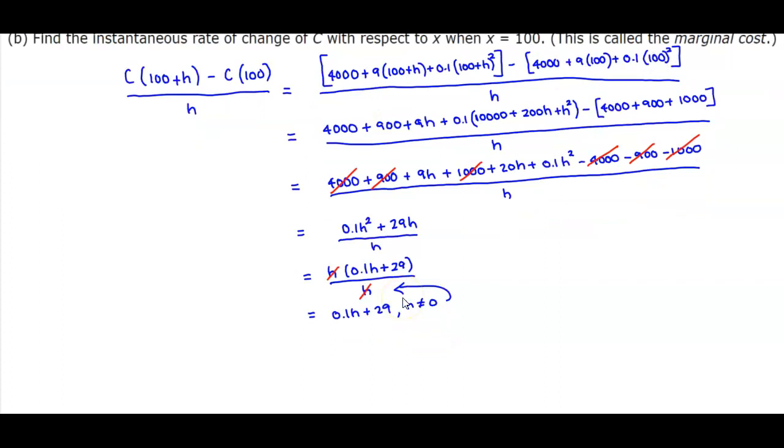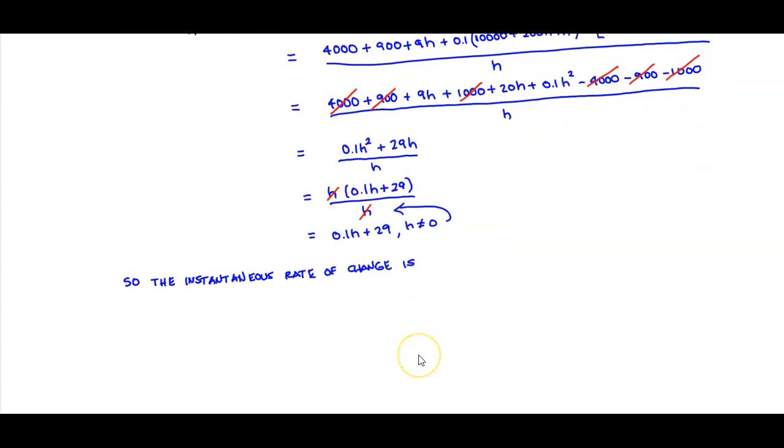So now, in order for us to find the instantaneous rate of change, we want to find the limit as h approaches 0 of C of 100 plus h minus C of 100 divided by h, and we found that to be the following.